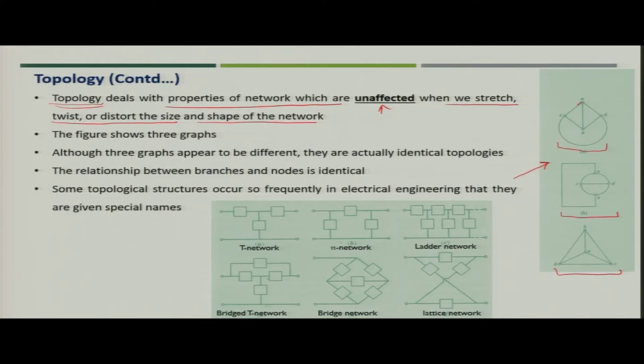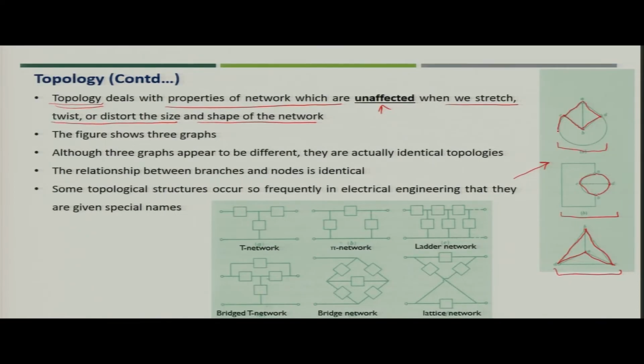Say in this example, A is connected to C here, and here, and here. A is connected to D in all three. C is connected to B here, here, and here also. B is connected to D here, here, and here.